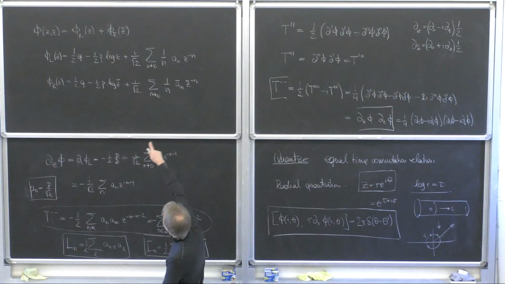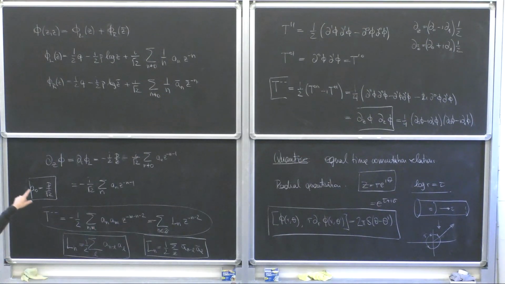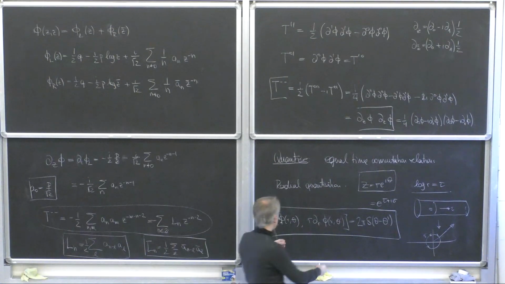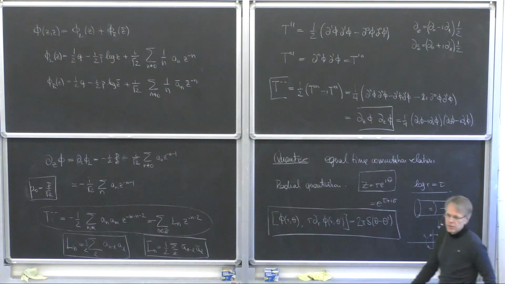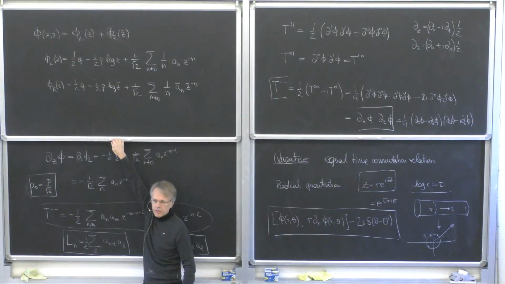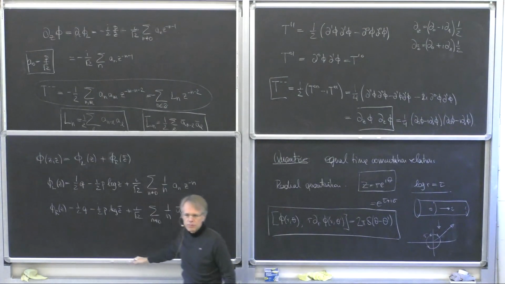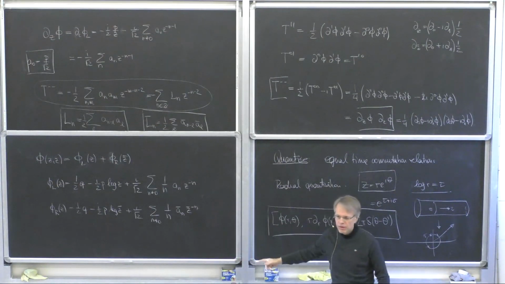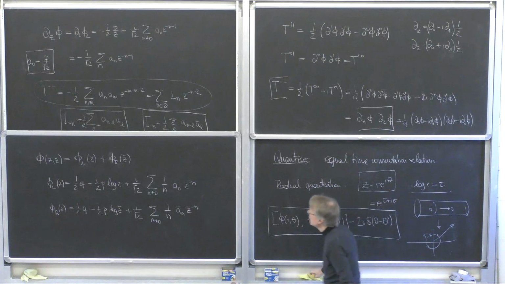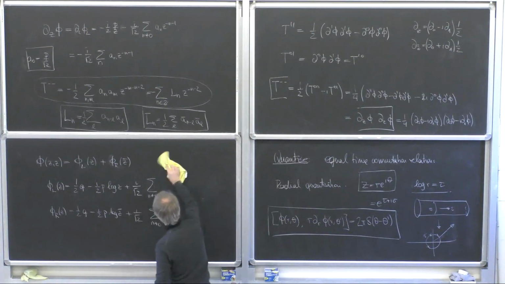Then I plug in this mode expansion and read off what this means for the coefficients, and in the process the coefficients become operators because they satisfy commutation relations. You've probably seen this before. It's a bit tedious to go through this calculation in detail, so do you want me to go through it, or are you happy with me quoting the answer? You probably know the answer anyway, so why should I kill myself deriving it?